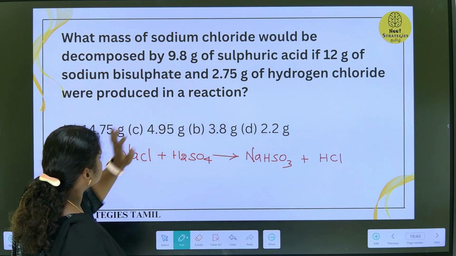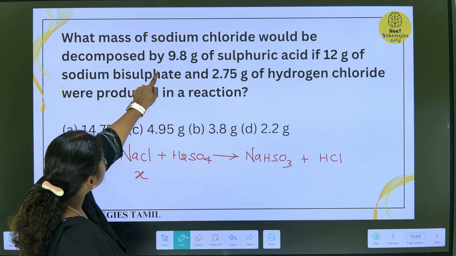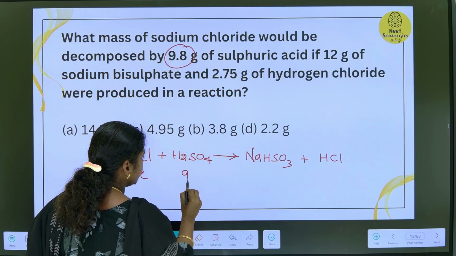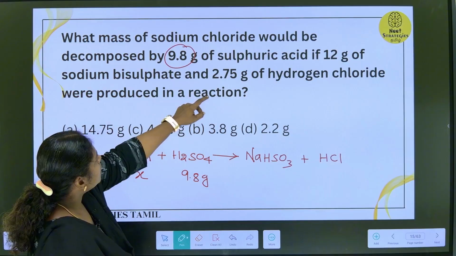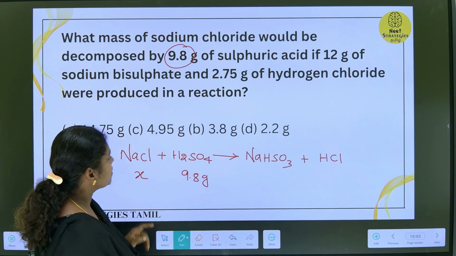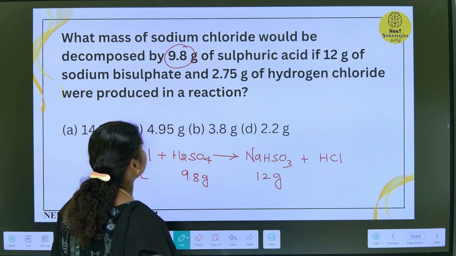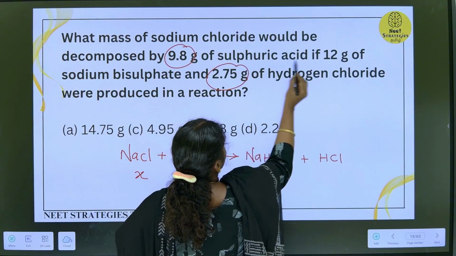What mass is not known, so I represent it as X. Then it is decomposed by 9.8 gram of sulfuric acid, so here we substitute 9.8 gram. And 12 gram of sodium bisulfite, here we substitute 12 gram of sodium bisulfite. And 2.75 gram of hydrogen chloride.